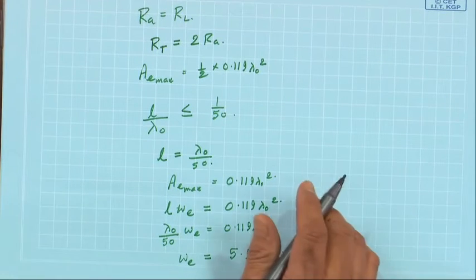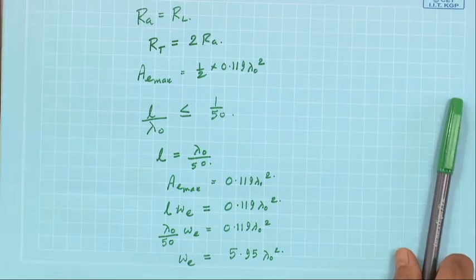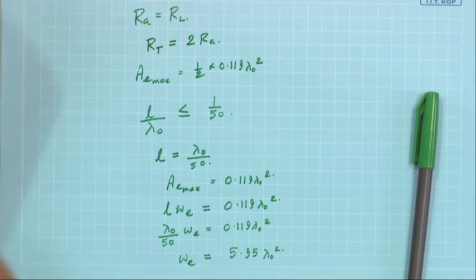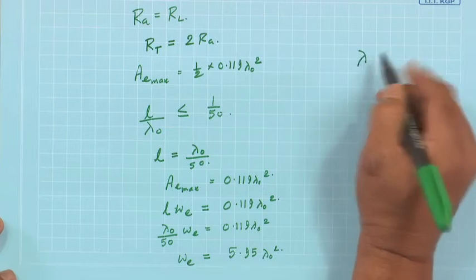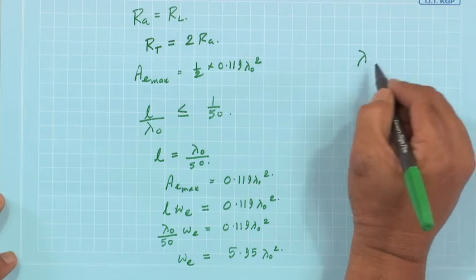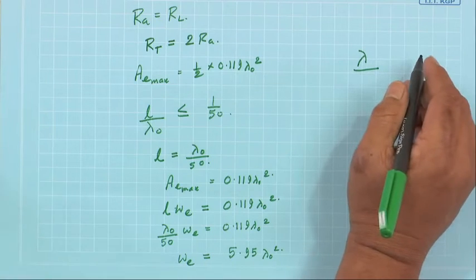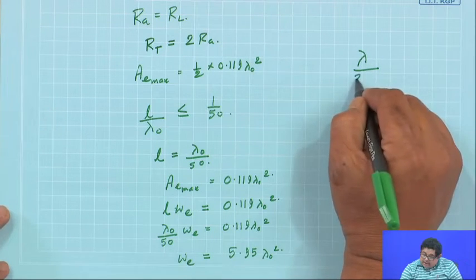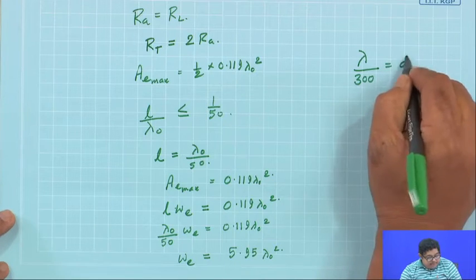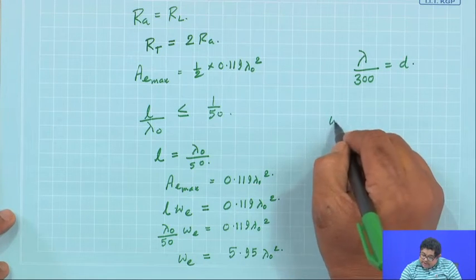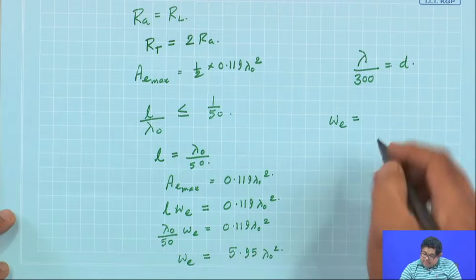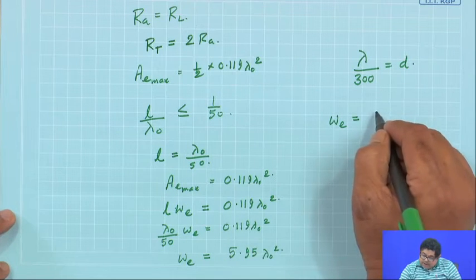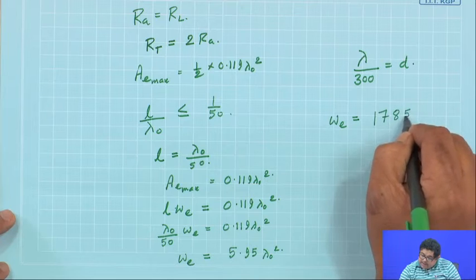Generally, when we design dipoles, the physical diameter of a dipole is lambda by 300. So, the W e becomes actually 1785 D.